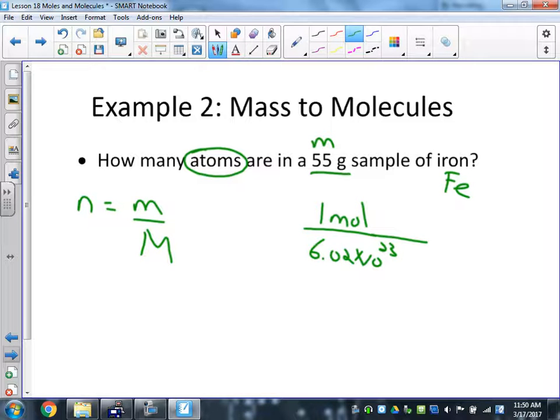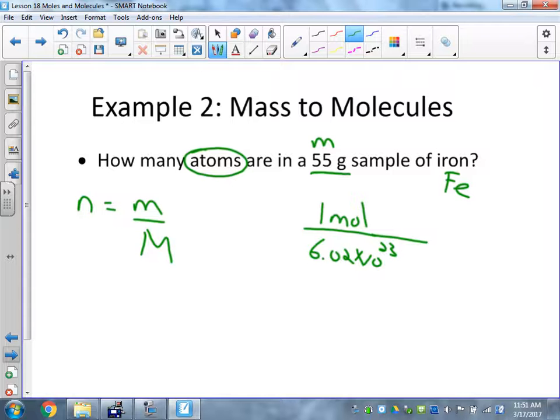And remember, this could be molecules, atoms, ions, compounds, desks, pennies, pencils, whatever. 1 mole is 6.02 times 10 to the 23 of anything. So whatever you want to put there. And of course, maybe you want to include a fraction there. Those are the two things that you're always going to start with.